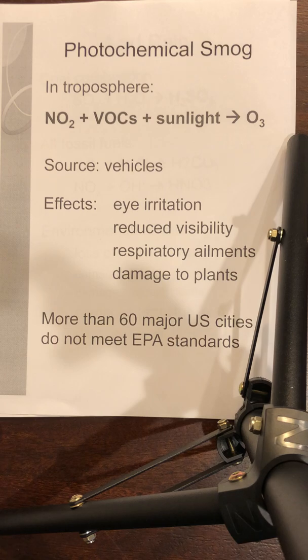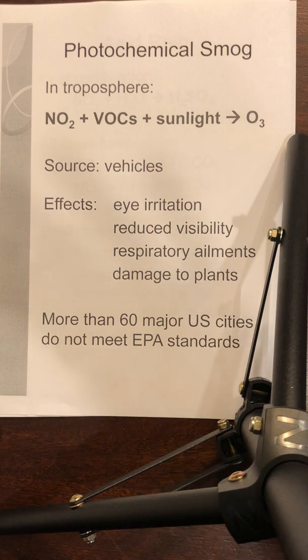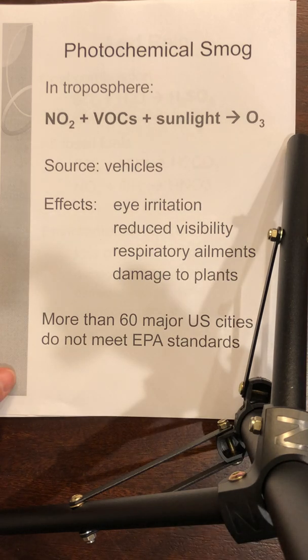Now, high up in the stratosphere, the ozone layer protects us from UV radiation. But down in the troposphere, the air that we breathe, it's an air pollutant. And it causes eye irritation, reduced visibility because of the brown cloud of yuck, and severe respiratory ailments, and it also damages plants.